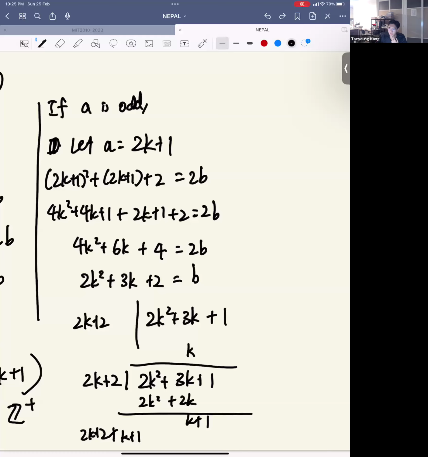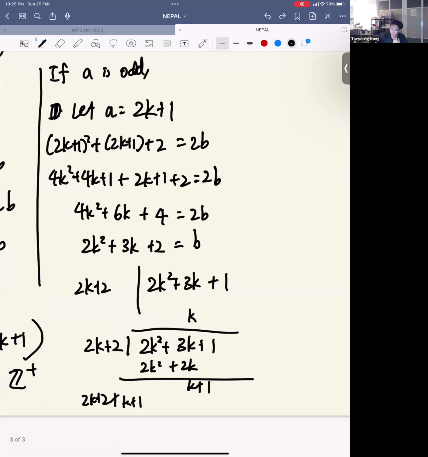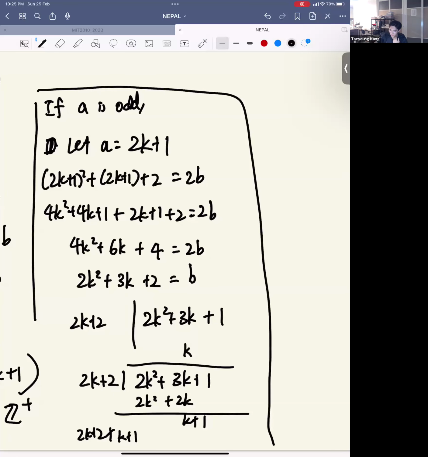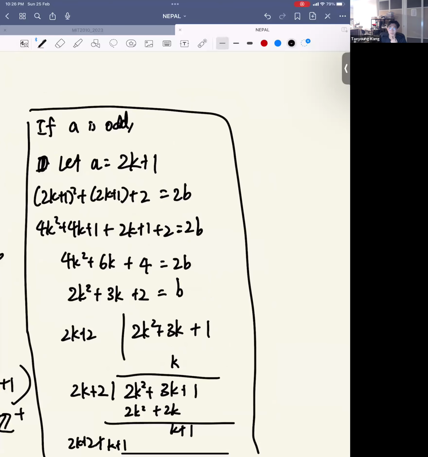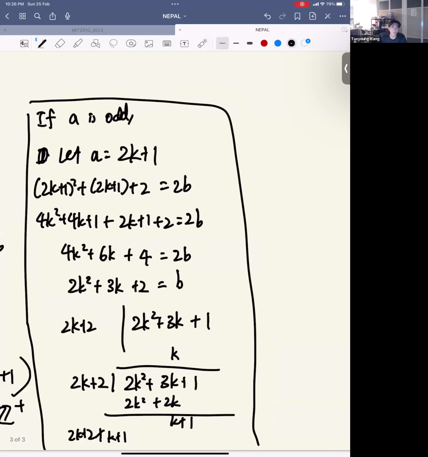Yes. So A odd doesn't work. You guys can read the proof for why A odd doesn't work over here.